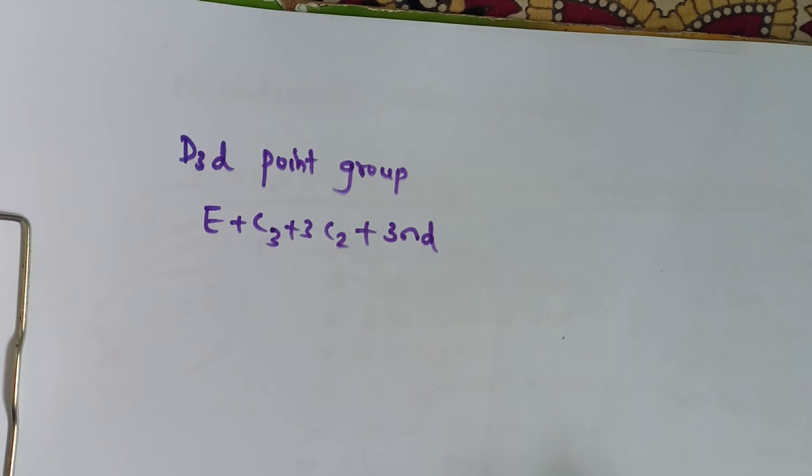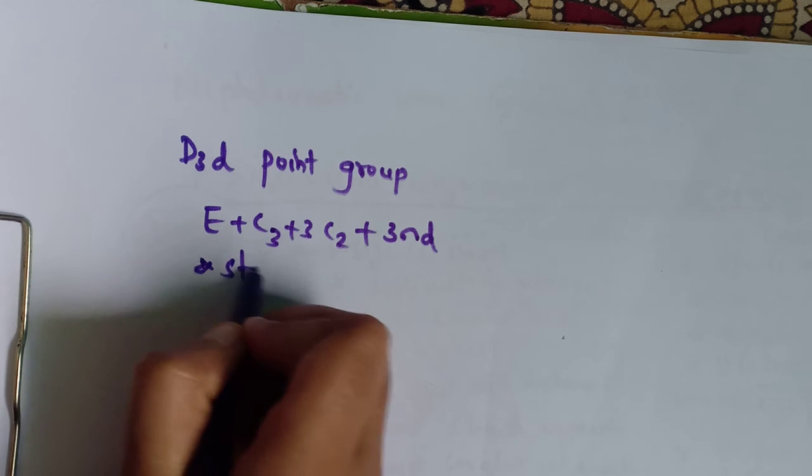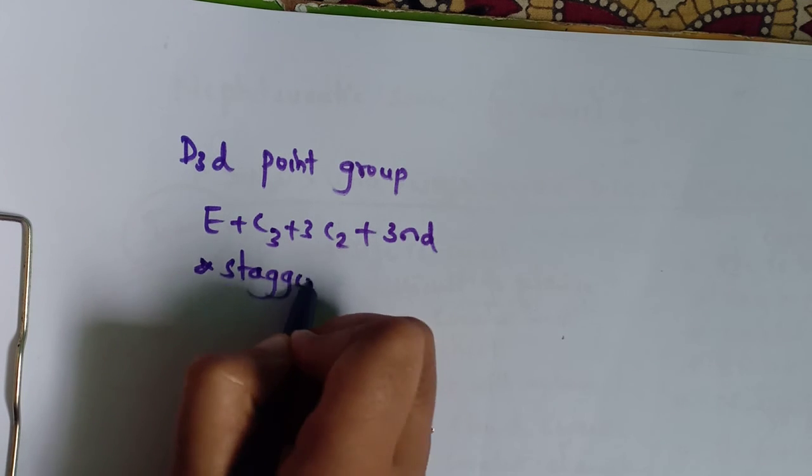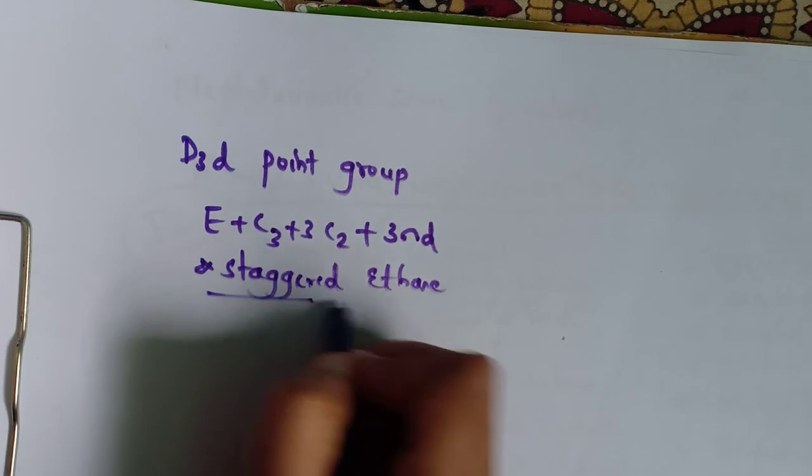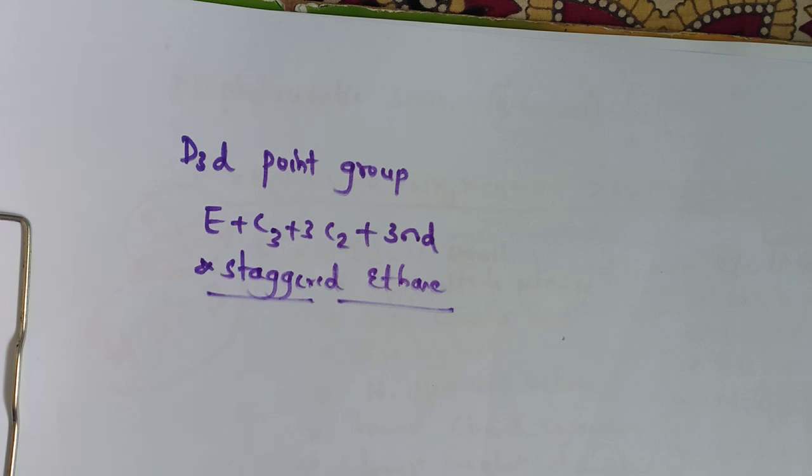Now, see here the example is staggered ethane. I have totally explained the diagonal planes of staggered ethane in the video on plane of symmetry. I will drop the link of that video. Please watch that for a perfect understanding of this staggered ethane.